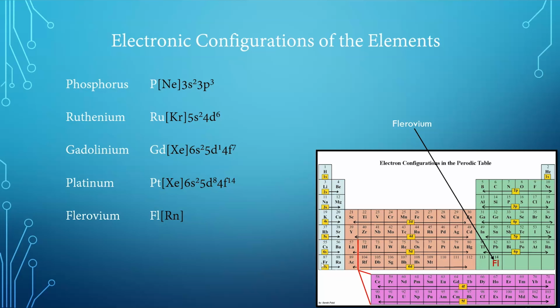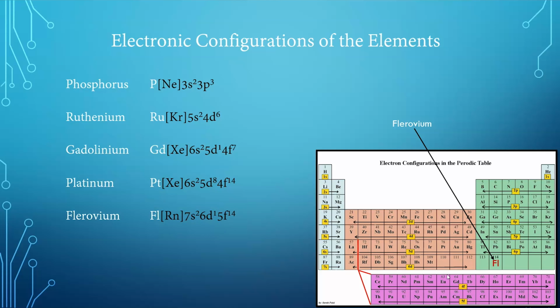We'll then go down here to the 7s block and pick up those 2 for 7s2. We go to actinium and pick up just that 1 member of the 6d block for 6d1 before we have to drop down into the 5f block, and we're going to pick up all 14 of those, which will give us 5f14.